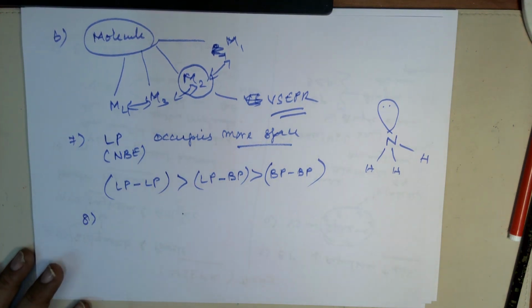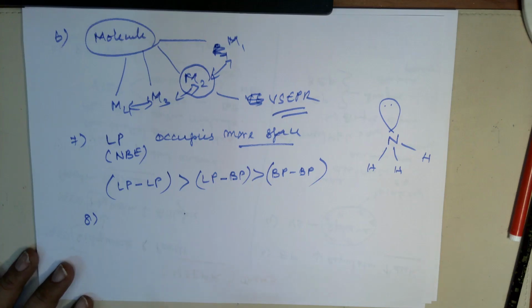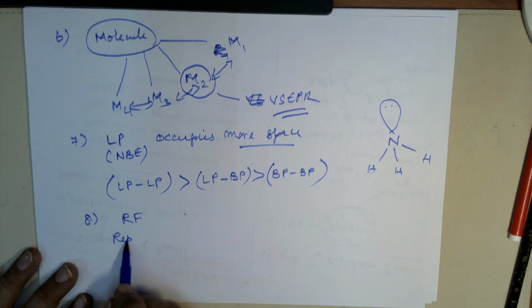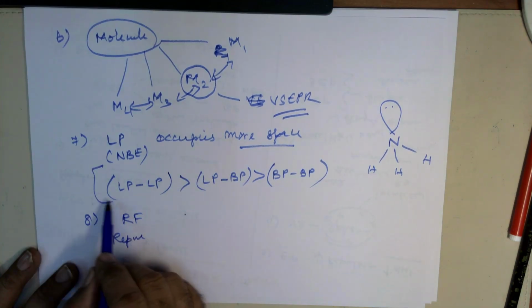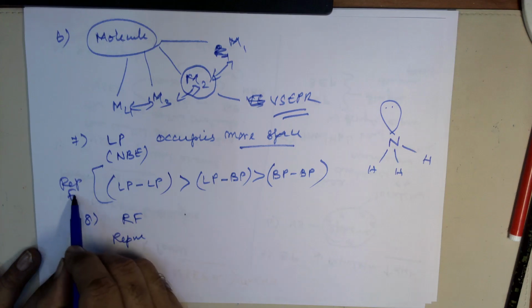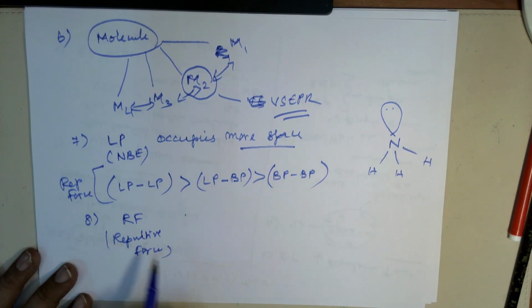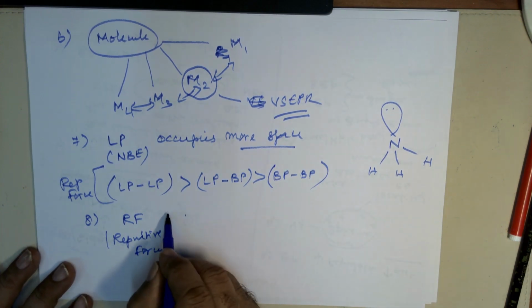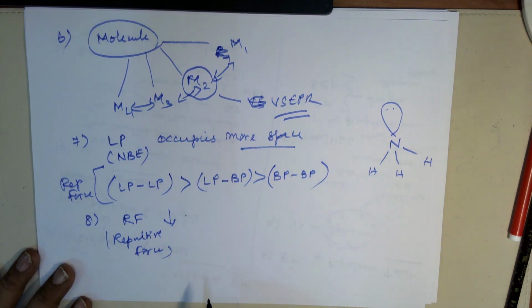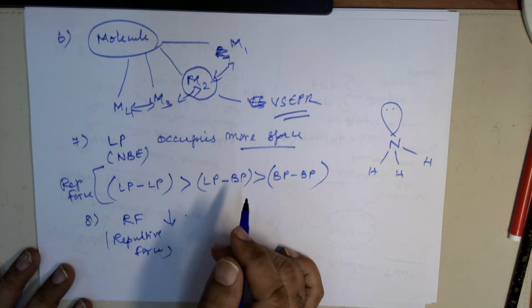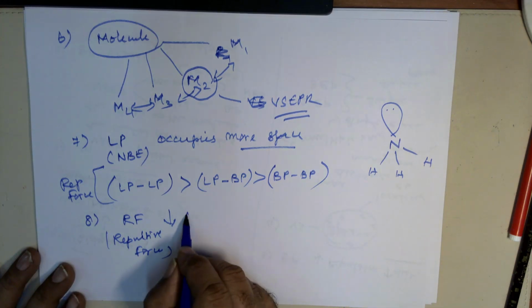Now the eighth point. The repulsive force decreases sharply as the angle between the electron pairs increases.